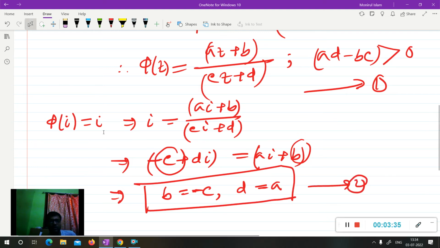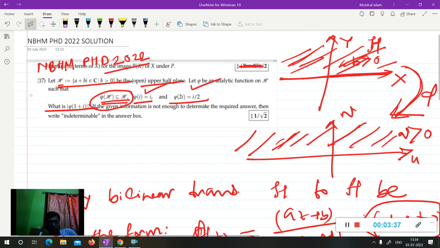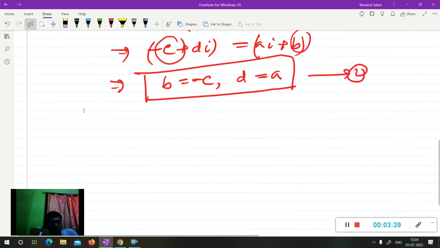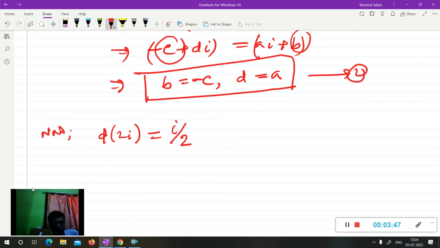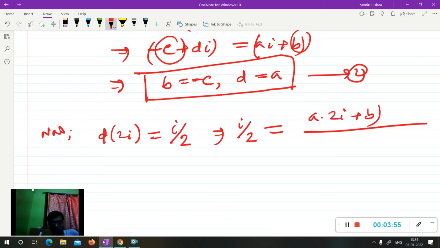Now use the second condition, phi(2i) equal to i by 2. Phi of 2i maps to i by 2. If you use this, you get i by 2 equal to (a into 2i plus b) upon (c into 2i plus d).